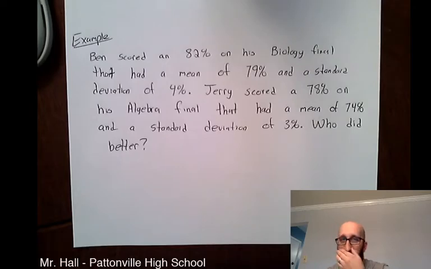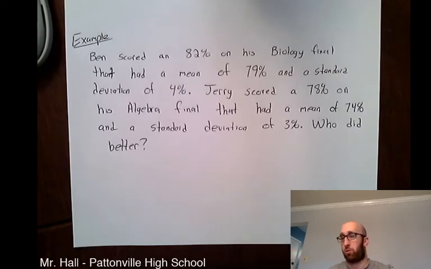I left out the normal distribution piece that is needed to do z-scores. Same idea as with the empirical rule: you need a normally distributed set of data before you can do it. Jerry scored a 78% on his algebra final. That should again say scores are normally distributed and have a mean of 74% and a standard deviation of 3%. Who did better? I did a little poorly writing out the question, but we'll make do.